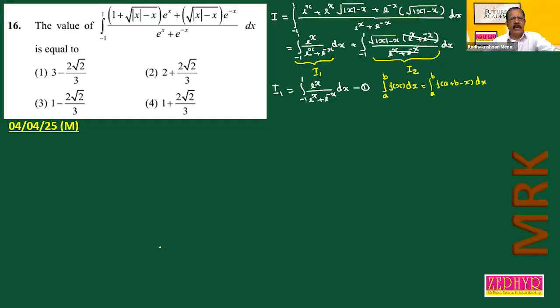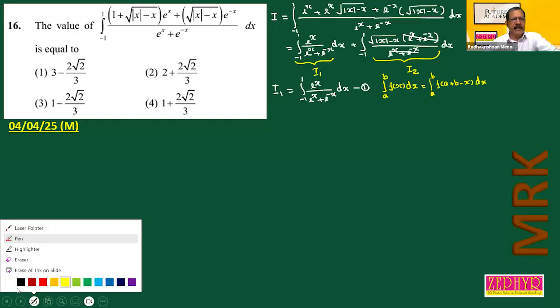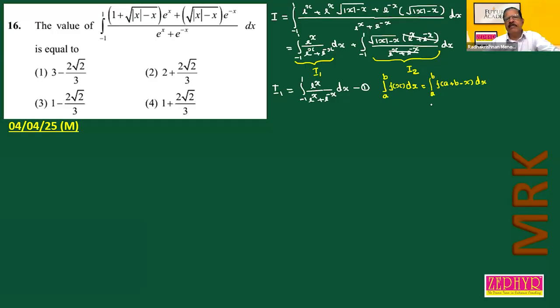Here a plus b minus x: in the place of x, I am writing a plus b minus x, that is minus 1 plus 1 minus x, which is equal to minus x.